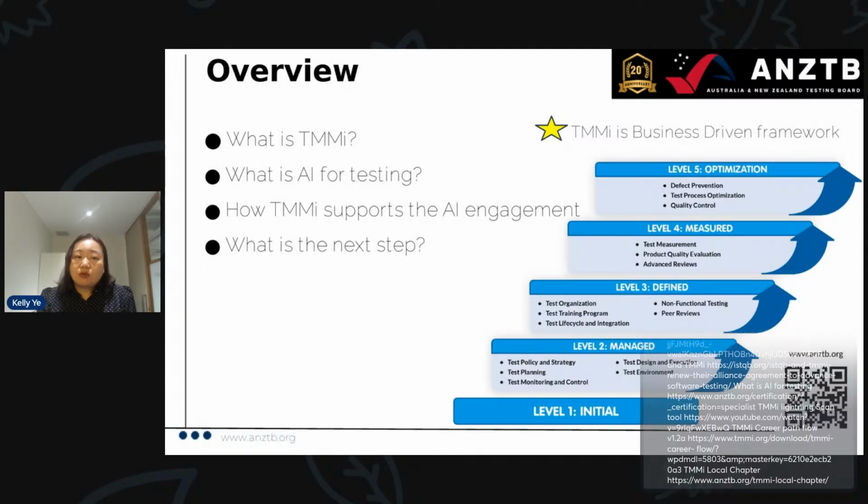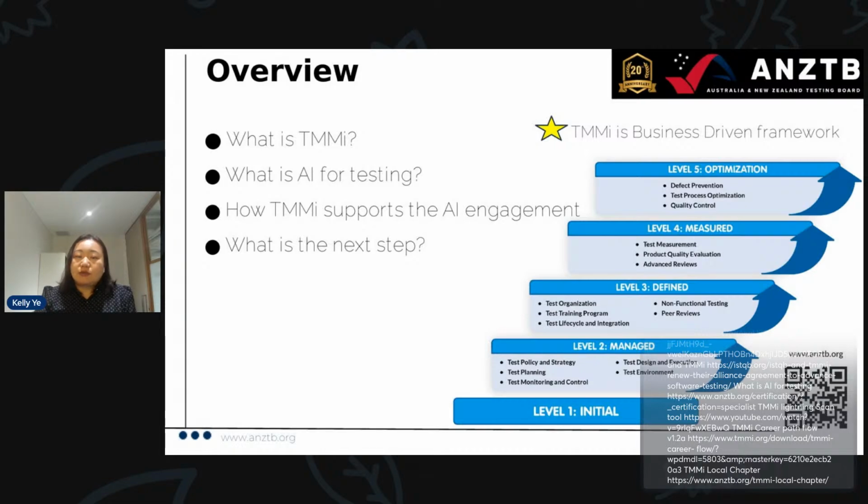So TMMi is a way for an organization to understand how mature it is, how well your testing teams perform, and what you can improve next to optimize and to adopt the latest technology like AI tools, Gen AI tools. TMMi provides a structured approach to assess and improve the testing process. Often we do independent formal and informal assessments for organizations.